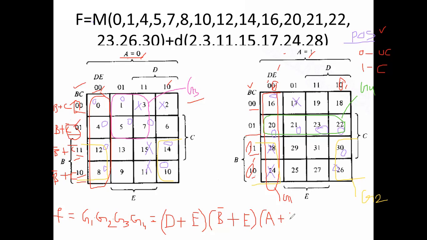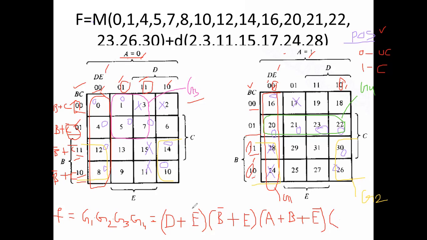B equal to 0 means the representation is B. Plus. What about the D and E variables? This group 3 belongs to the 0, 1 combination and the 1, 1 combination. Which is common here? 1 is common. So 1 belongs to which variable? E variable. E equal to 1 means what is the representation? E bar. So group 3 is also completed.